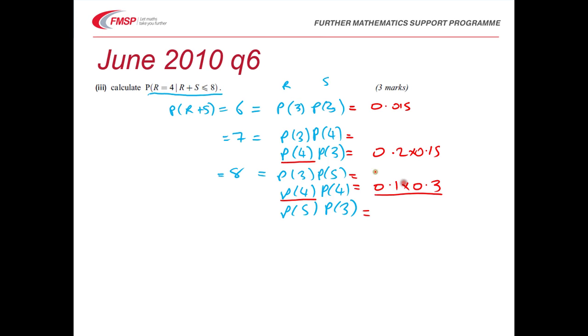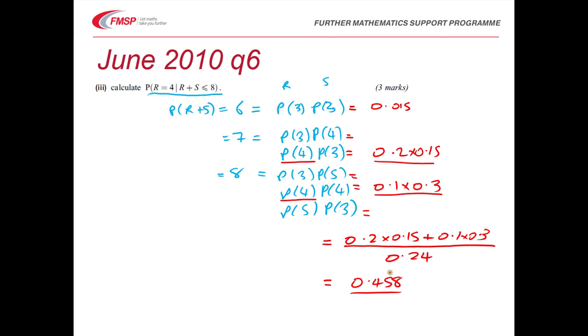And it's these two probabilities, so 0.2 times 0.15 plus 0.1 times 0.3, out of the total probability that we're dealing with, which we've worked out to be 0.24. That's how the condition is set up, which will give you 0.458.